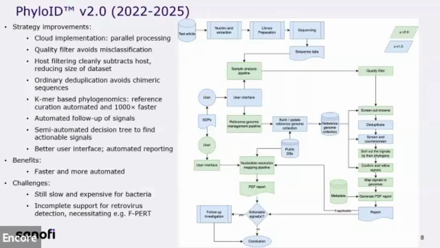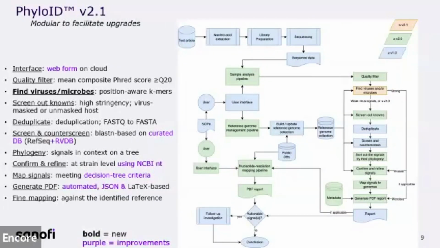So notice that PhyloID version 2.0 has an end date of 2025. We're in the process of validating the next version, and that's version 2.1. There's one new module. It doesn't look like a big deal.